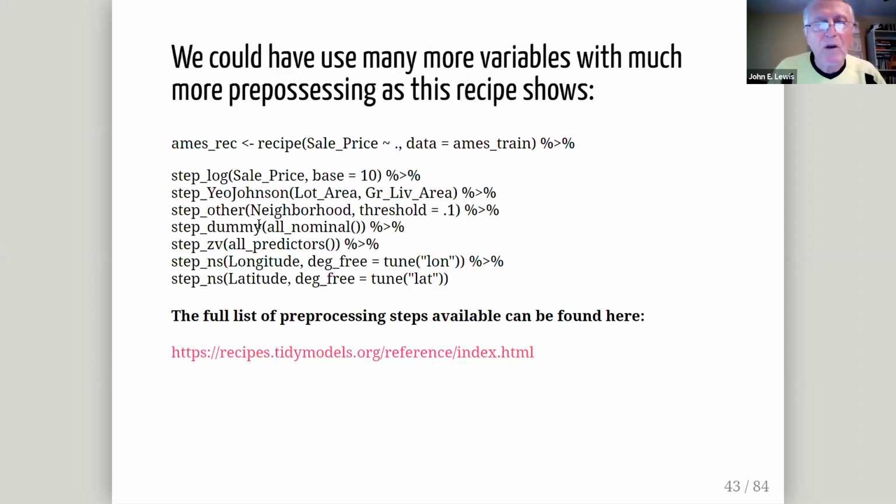I do the dummy variable conversion on all the nominal data. Some of the predictors may have 0 variance, and so I exclude those. And I could even then tune my predictor variables here in setting a spline to the longitude and latitude, or whatever particular predictor variable that you want to tune before the particular next step goes into effect.